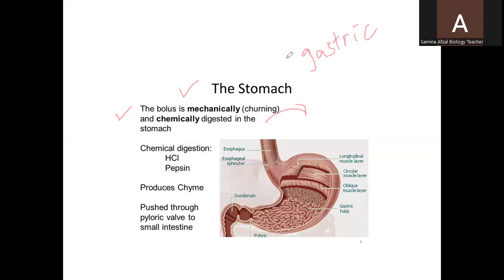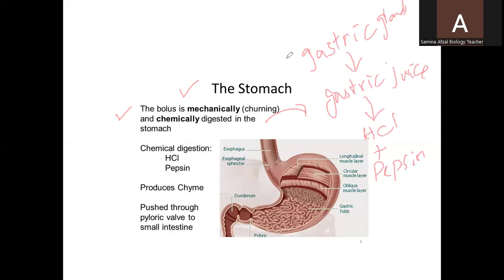Gastric glands which are present in the stomach, they secrete gastric juice. And gastric juice contains HCl plus pepsin. HCl, hydrochloric acid, makes its pH about 2.